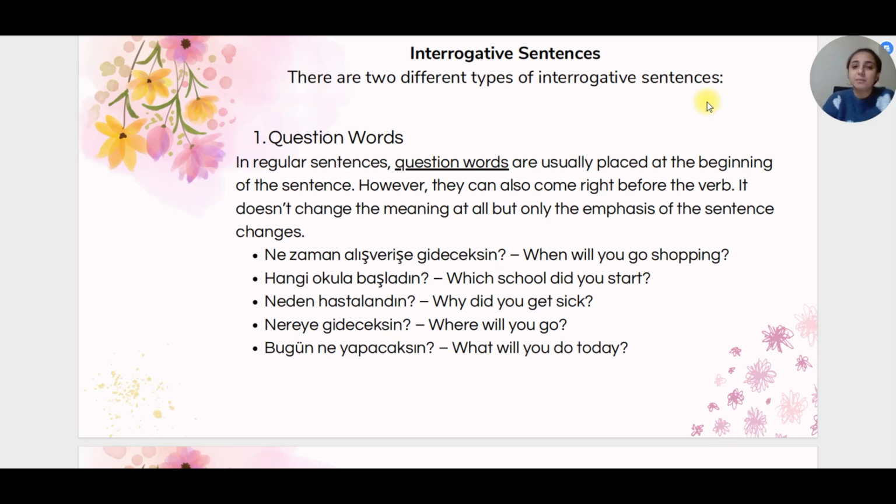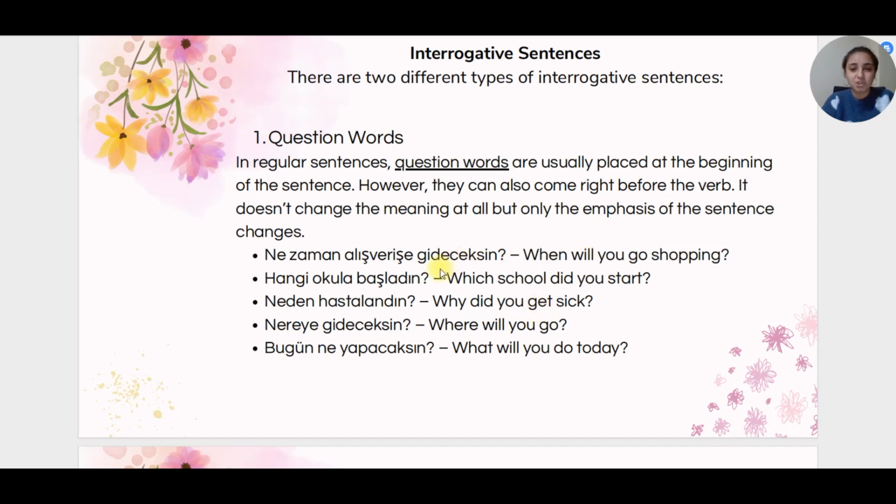It doesn't change the meaning at all, but only the emphasis of the sentence changes. Ne zaman alışverişe gideceksin? This is when. Ne zaman. When will you go shopping?